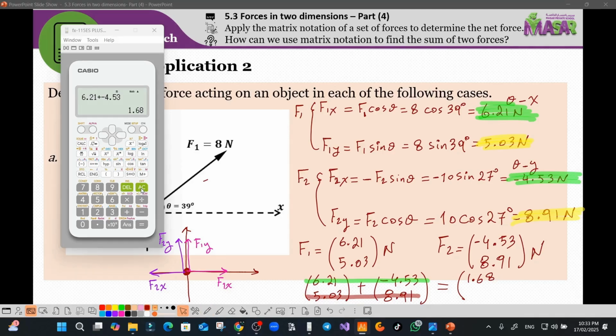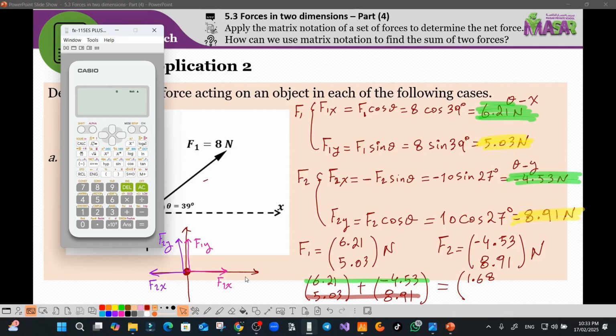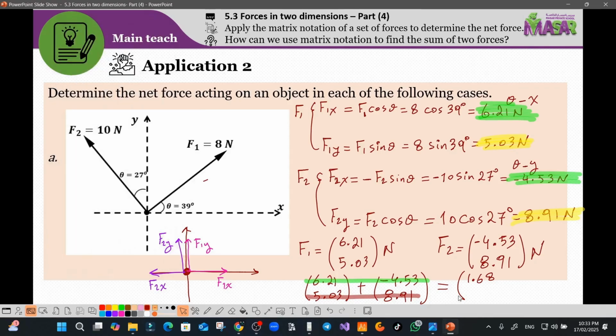We will do the same thing for the second row, we just put them in the calculator. So 5.03 plus 8.91, and this time the answer is 13.94.